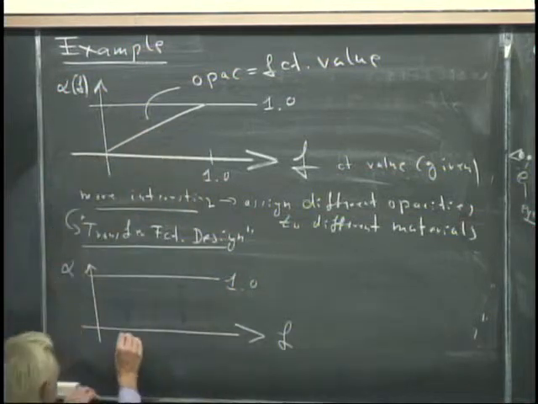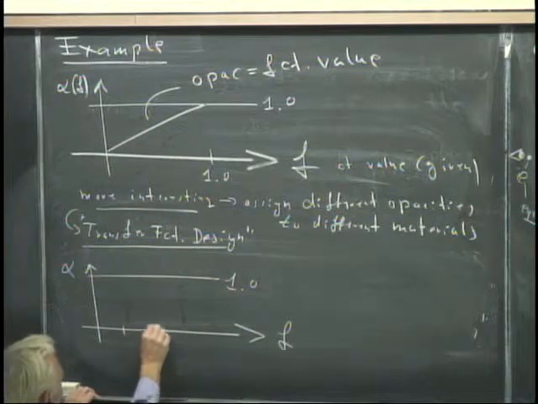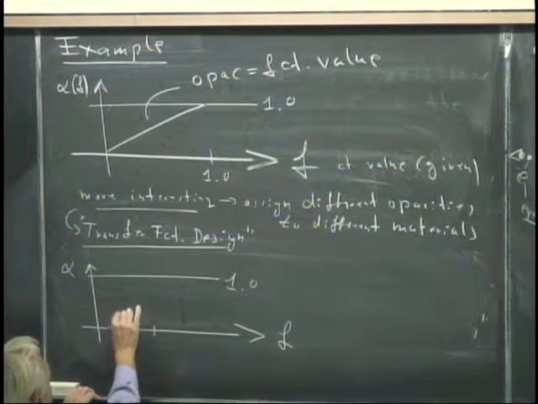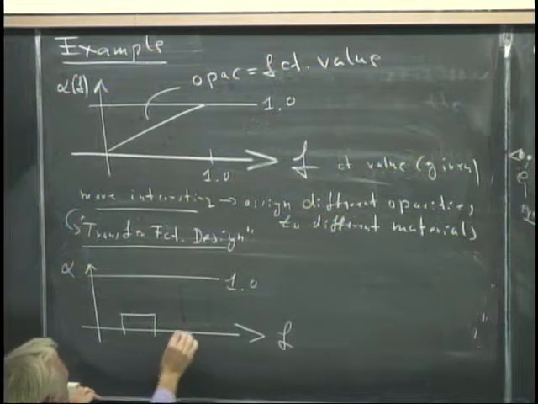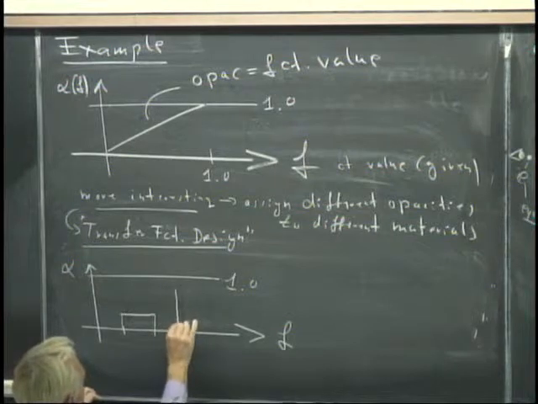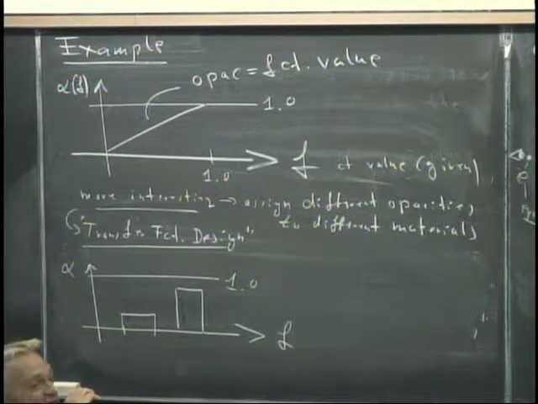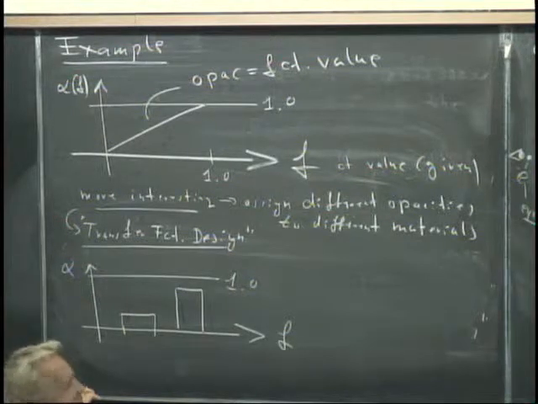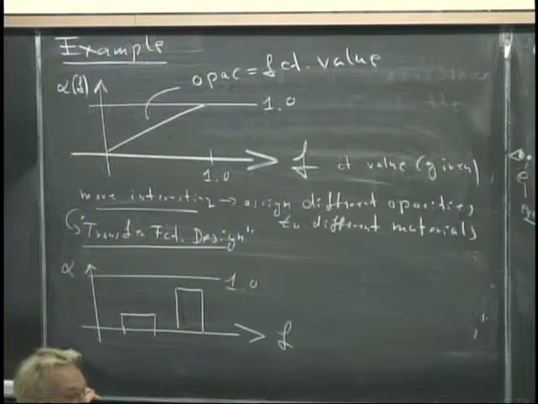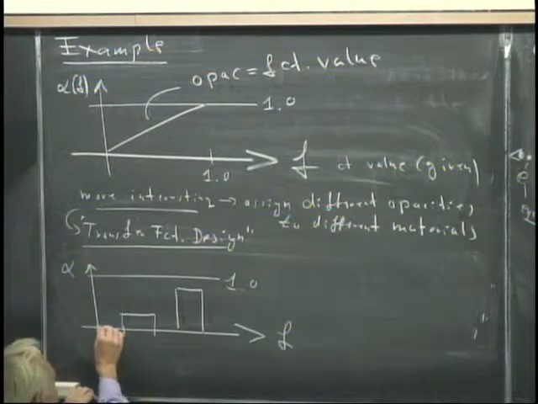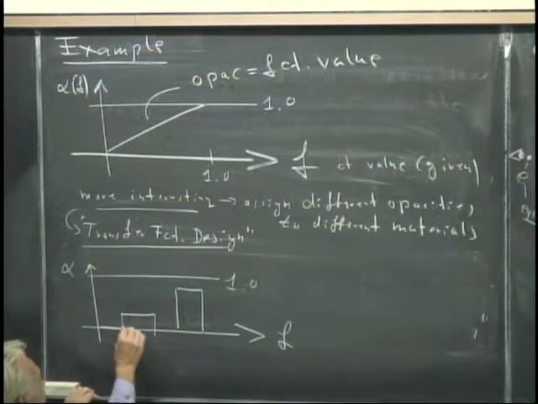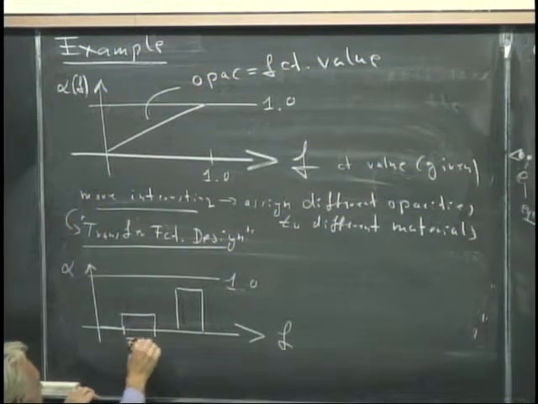You can say, well, I know that in this range, things are flesh or fat. Things in this range are bone. The rest I don't care about. You can completely eliminate it. Elimination in the picture means making it completely transparent and therefore not show up. So you can say my transfer function is 0 everywhere until it's in this range that is the fat range or the flesh range.